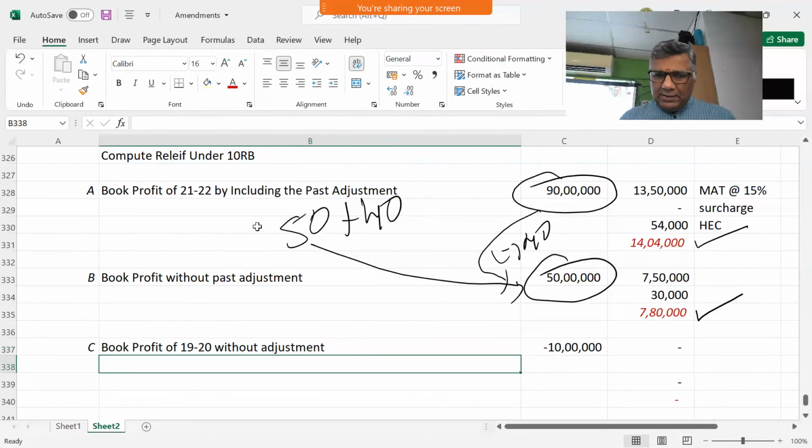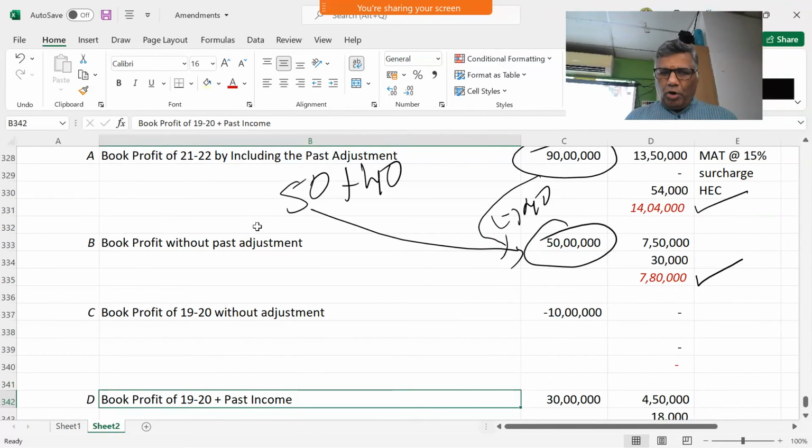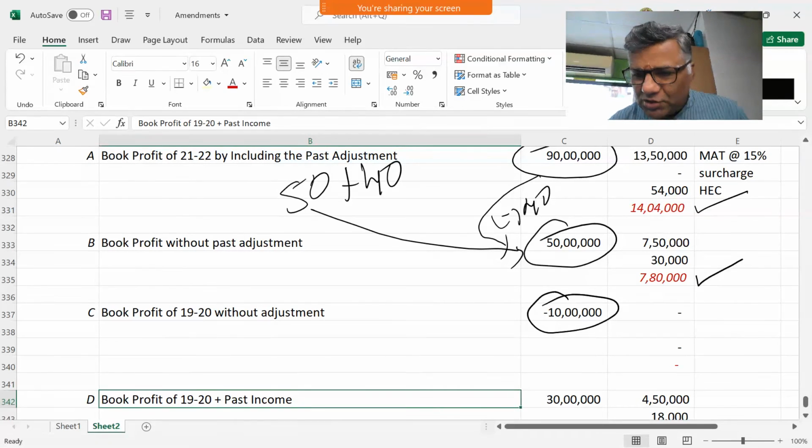Then on the book profit of 1920 without adjustment, it comes to minus 10 lakhs. So this will become zero. You need not compute that. One minute, I will prove to you also why you are not computing.